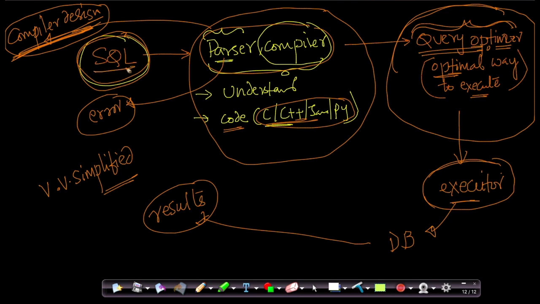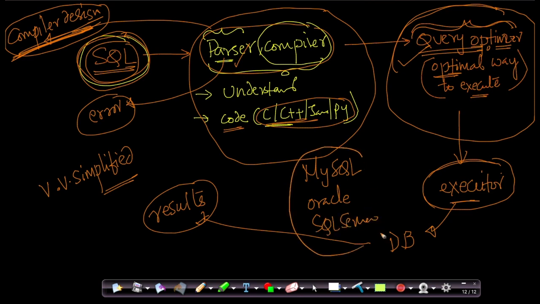The standard here is SQL. SQL is a standard. How the parser and the query optimizer are implemented is up to the database designer, either MySQL or the engineers at Oracle or at Microsoft when they design SQL Server. It all depends on how the engineers at these teams implemented these things. But SQL itself is an industry-wide standard.